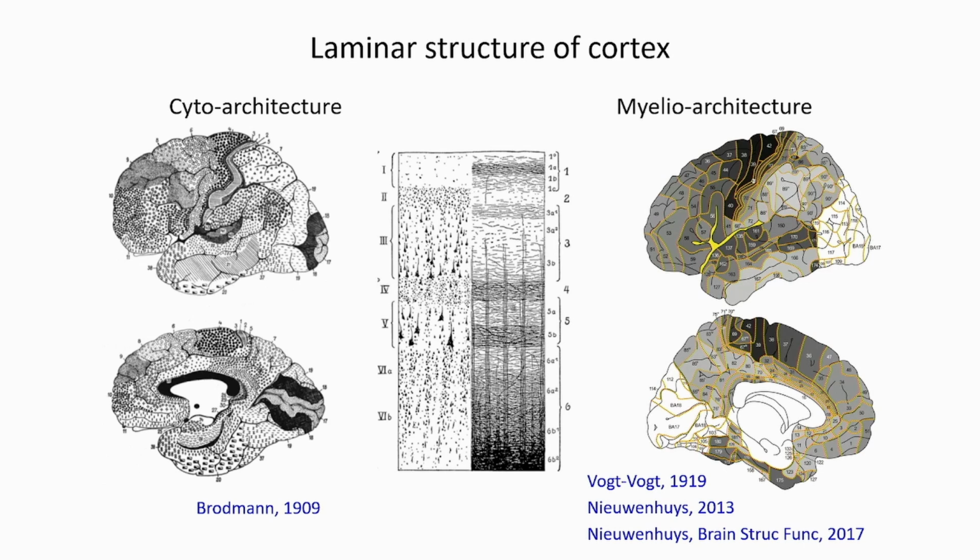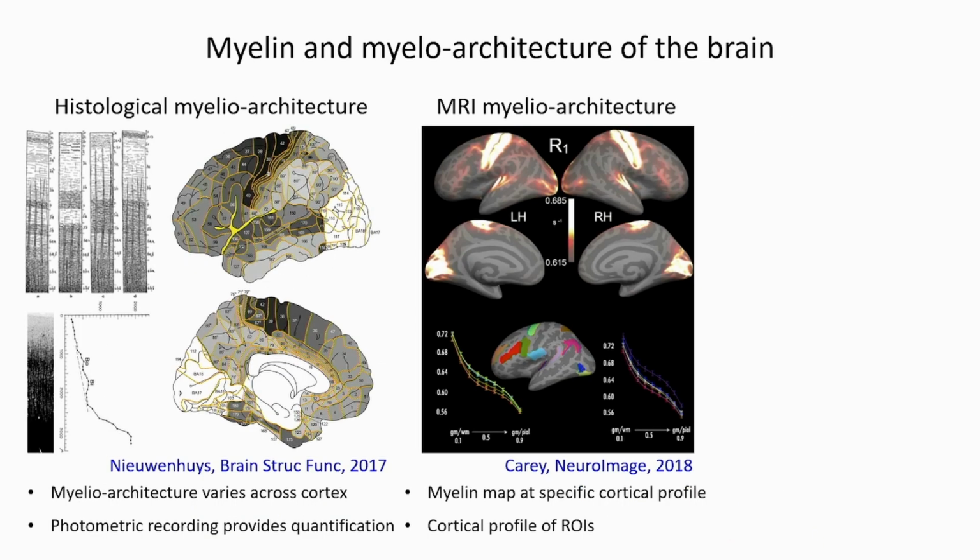In fact, this myeloarchitecture is more relevant to the in vivo human brain using MRI, because MR is not sensitive to the cytoarchitecture. Cell density doesn't really change the signal in MR, whereas there are multiple techniques that are sensitive to myelination or concentration of myelination.